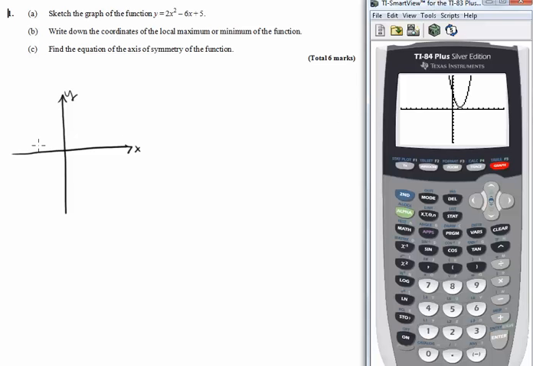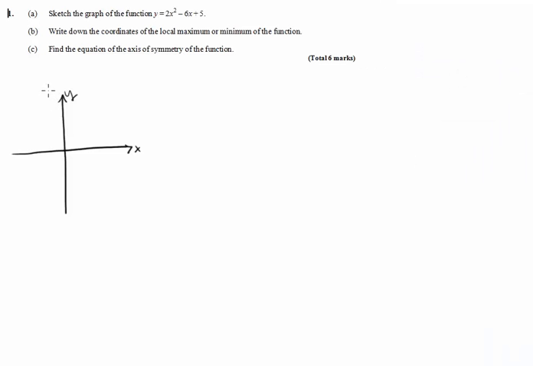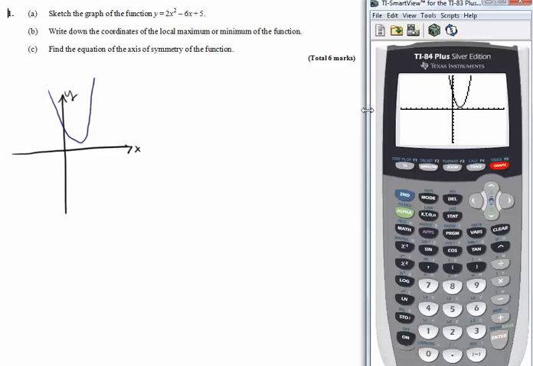This being a sketch, we just need to be somewhat accurate in the way it looks, and so I know it's opening up and it crosses and then looks something like that based on what my calculator was telling me.